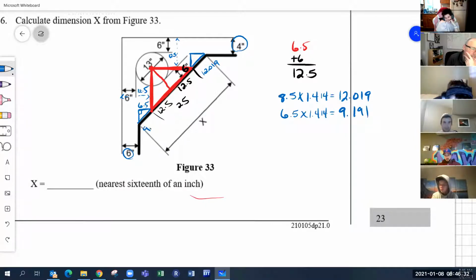So this is 9.191, and now we add this and this and this together. And our total is 46.2 is our line X.